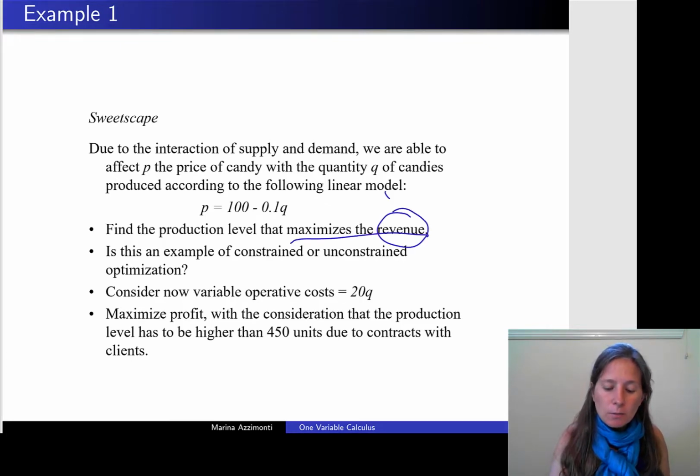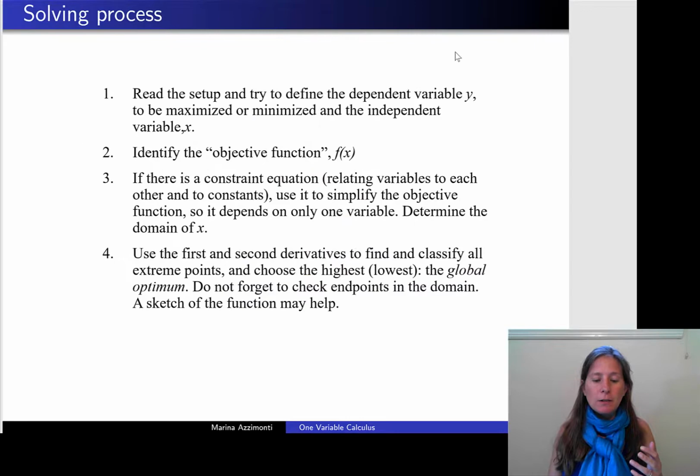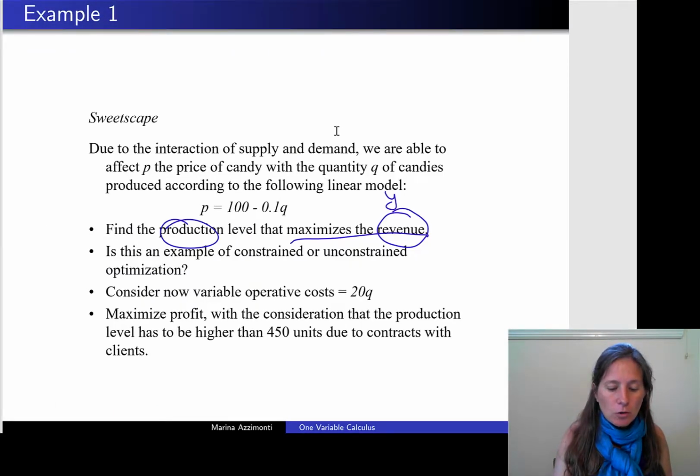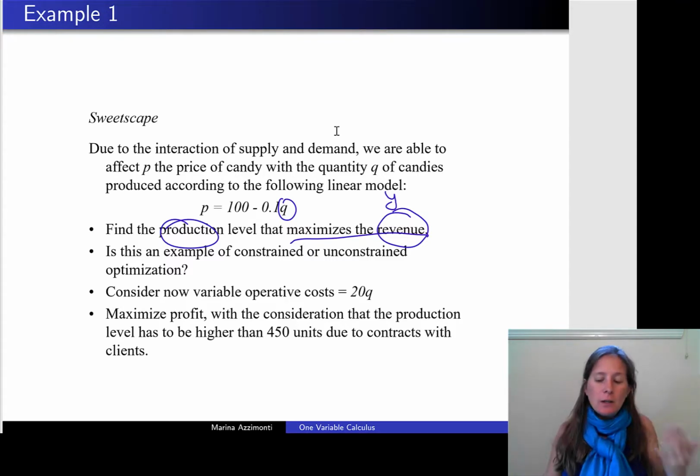So revenue is the variable that you want to maximize. That's going to be your dependent variable. What is the independent variable? What can you move to maximize revenue? Well, production, or the value Q. So here Y is going to be revenue, and X is going to be the quantity.